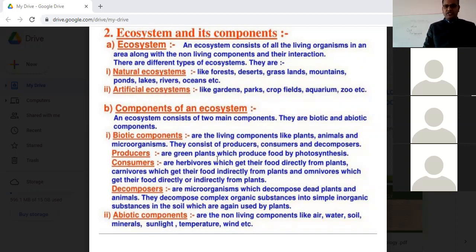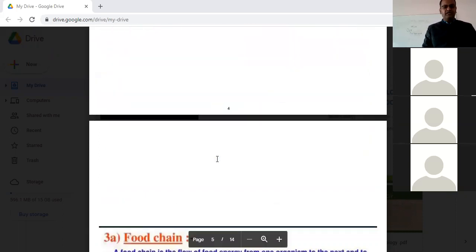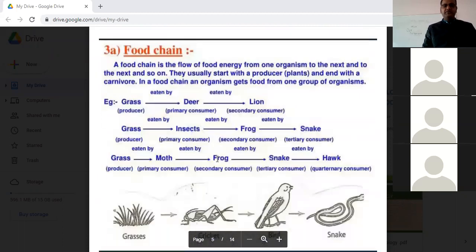Primary consumers are herbivores, secondary consumers are carnivores, and tertiary consumers are omnivores, who are both flesh eaters as well as plant eaters. Then we have the decomposers in the biotic component, which decompose dead plants and animals. Then the abiotic components include air, water, and soil. Then we are coming to the food chain.